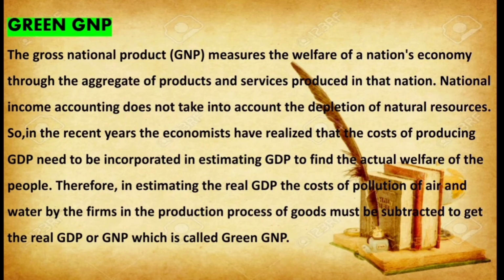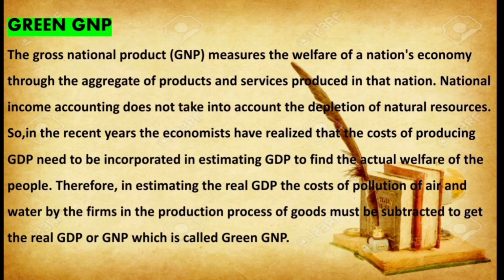Many goods and services are produced, but it leads to depletion of natural resources. And national income accounting does not take into account this depletion. So in recent years, the economists have realized that the cost of producing GDP needs to be incorporated in estimating GDP to find the actual welfare of the people.